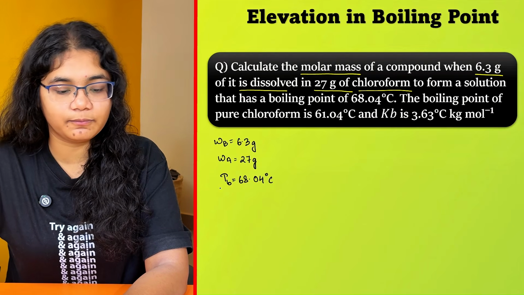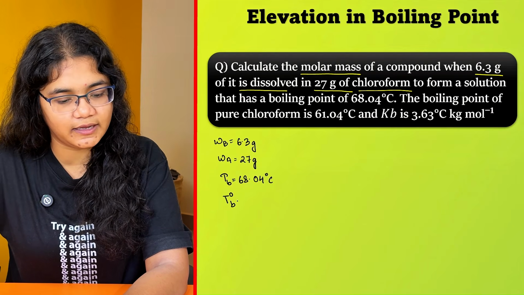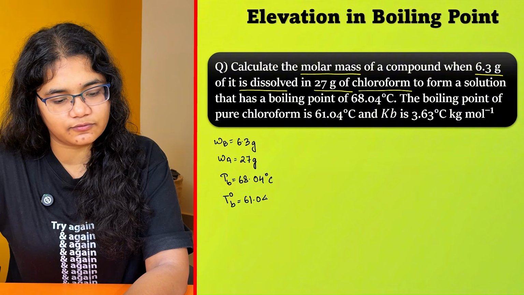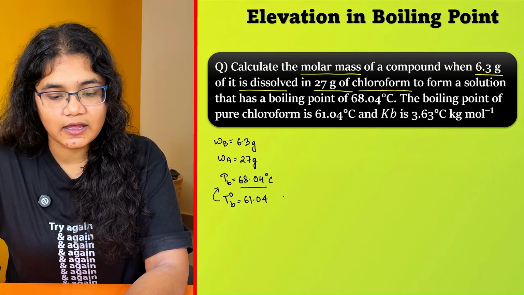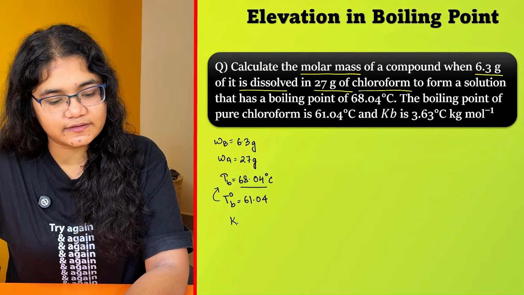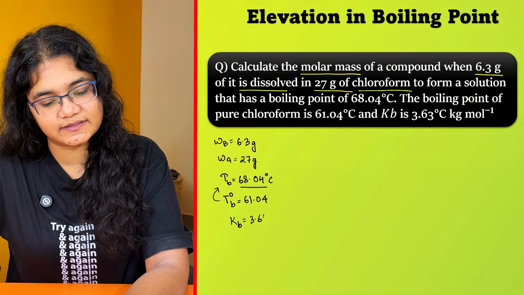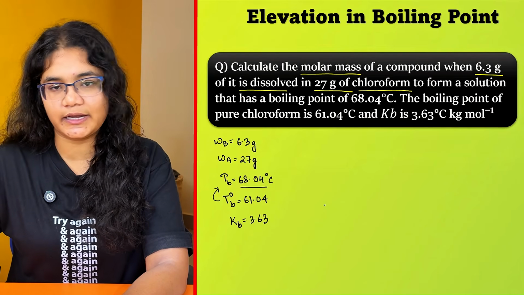The boiling point of pure chloroform, T0B, is 61.04. You can see as you have added the solute, the boiling point has increased. And Kb value is given as 3.63.